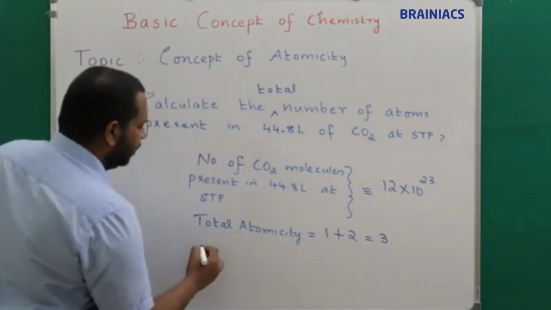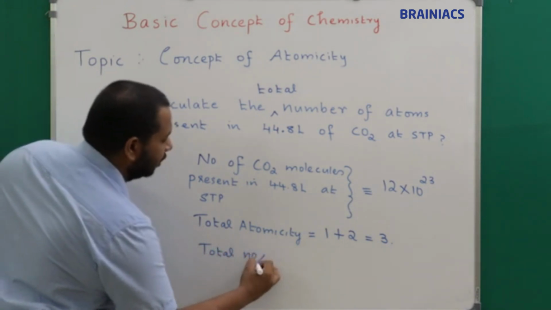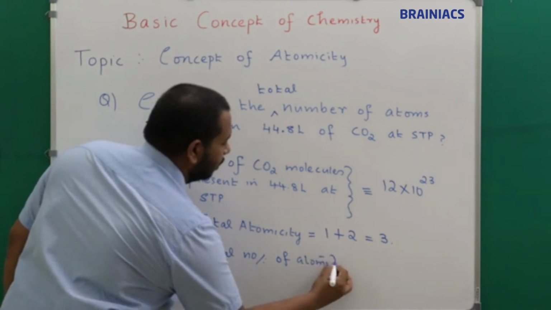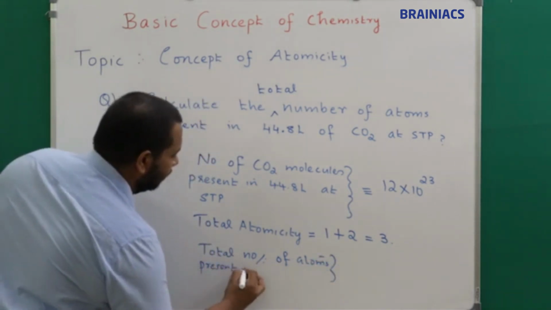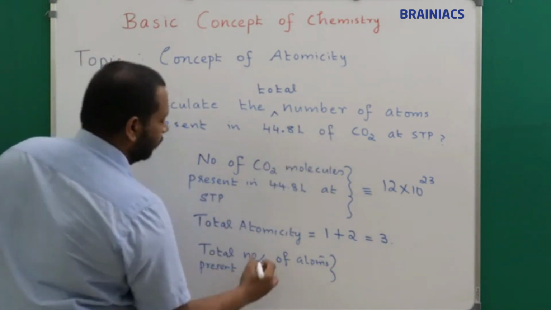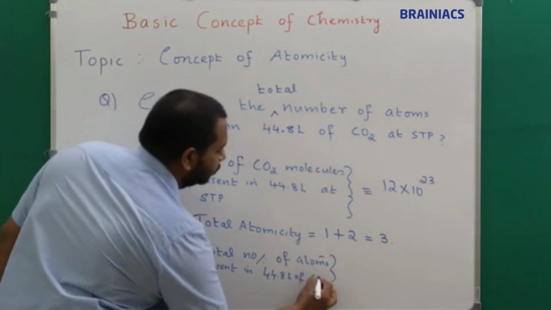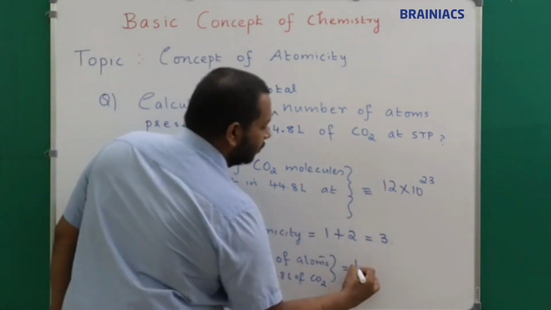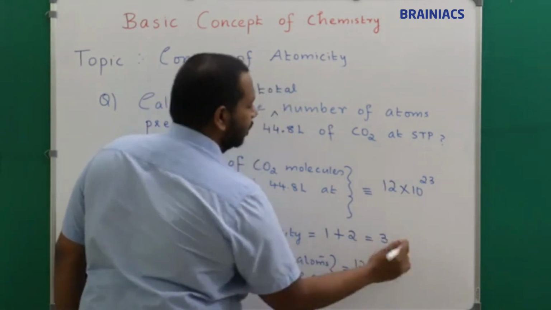Now last step will be total number of atoms. Total number of atoms present in 44.8 liter of CO2 at STP will be equal to what? Number of molecules 12 into 10 power 23 multiplied by total atomicity.